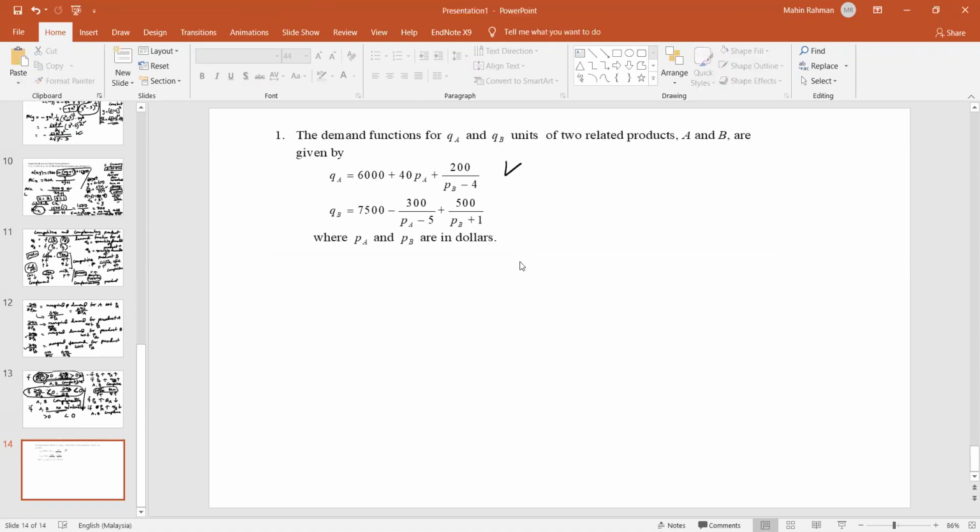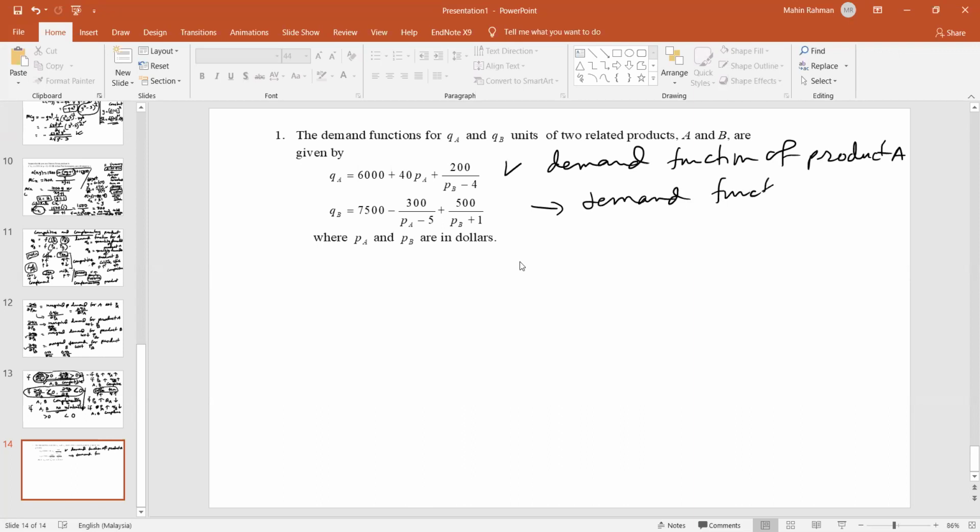The first equation is called the demand function of product A, and this is the demand function of product B. Now the question is to find the marginal demand of product A and B.